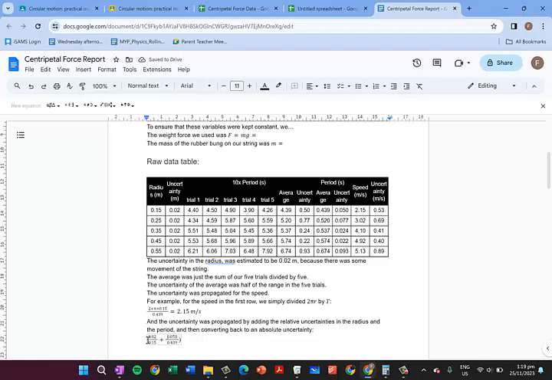Just go all the way back to here, and then hit spacebar, and then times the speed, which is 2.15, and that gave us 0.53. Okay, those are the only two that really required a calculation in that first row.